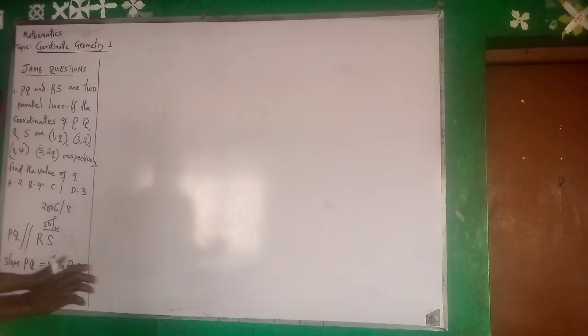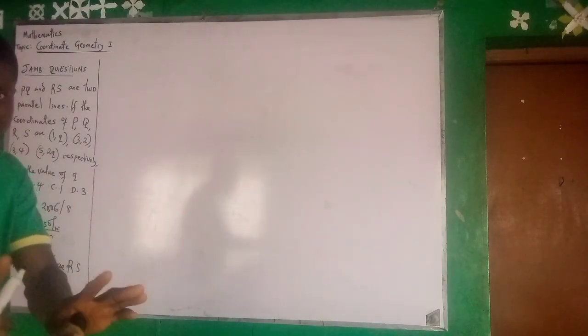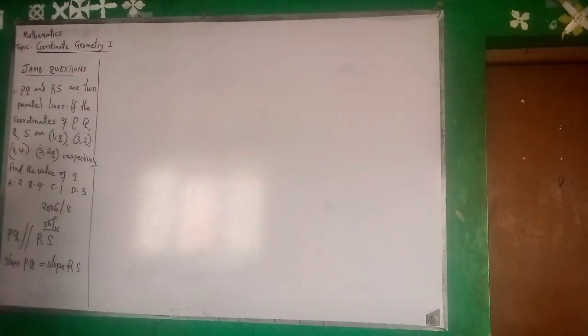And I told you how to get the slope when 2 coordinates are given to you. Apply the formula here. The formula is y2 minus y1 over x2 minus x1, which must be equal to the slope of RS. See the same formula: y2 minus y1 all over x2 minus x1.